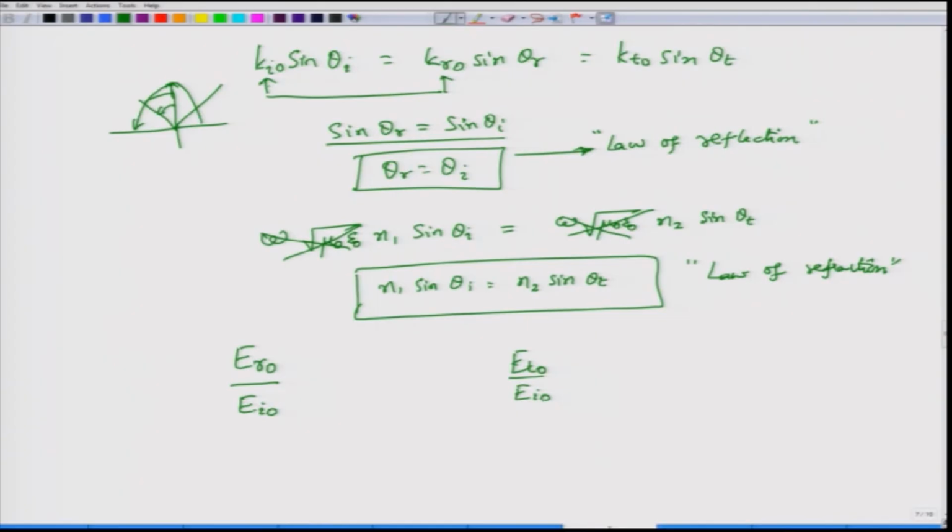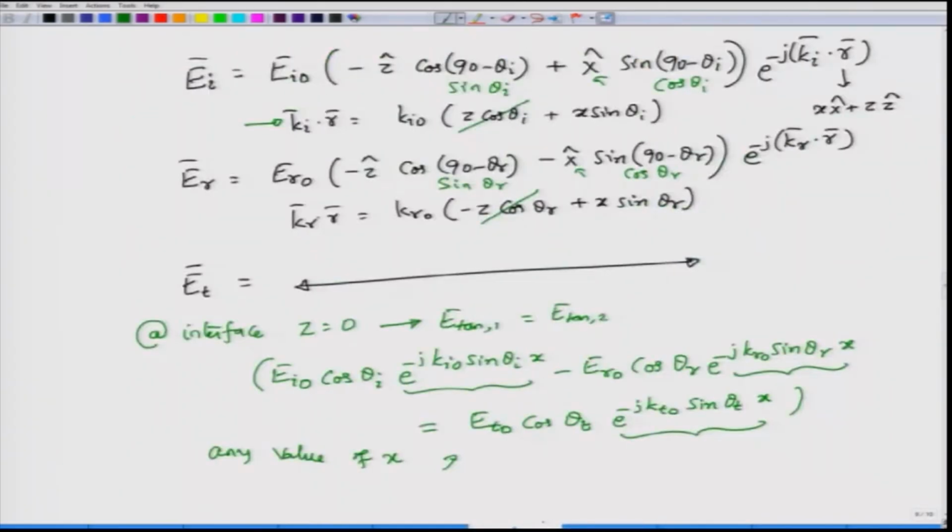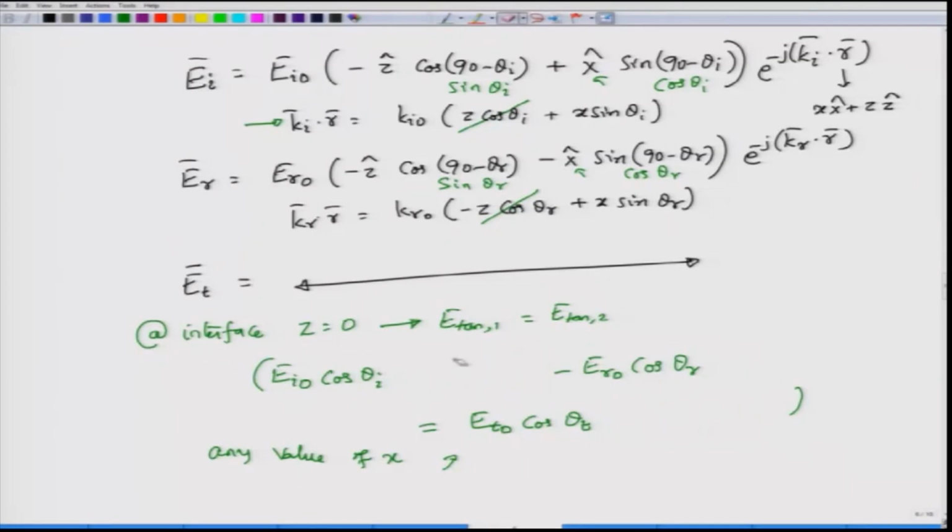To do that, I need to go back to this expression, and now that I have realized that all the phase terms are going to be the same, I can remove these e power minus j phase terms from this expression. I have gone ahead and removed them, and I have obtained a reasonably simple equation.